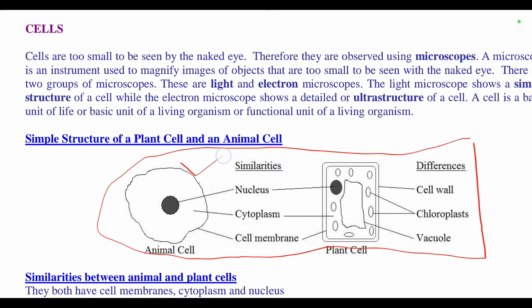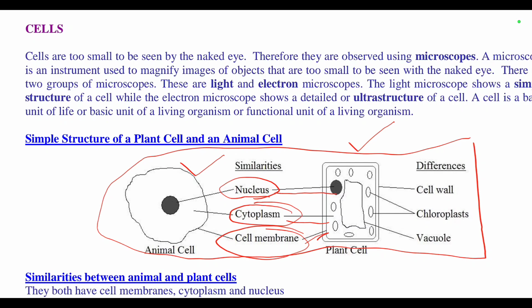This is an animal cell, and this one is a plant cell. In an animal cell, basically we see the nucleus, cytoplasm, and cell membrane, all together three structures. Then in the plant cell, we also see the nucleus, cytoplasm, and cell membrane.